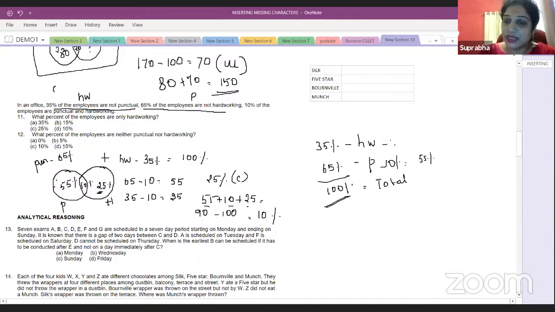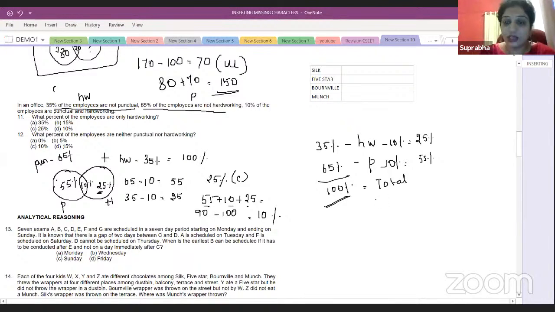Similarly, in hardworking, I'll do minus 10% and I'll get 25%. Now, what all information did I get? Employees who are hardworking alone, 25%, employees who are punctual alone, 55%, employees who are both punctual and hardworking, 10%. Total strength of the employees is 100%.